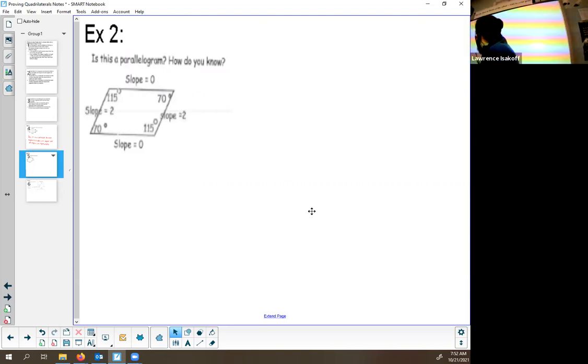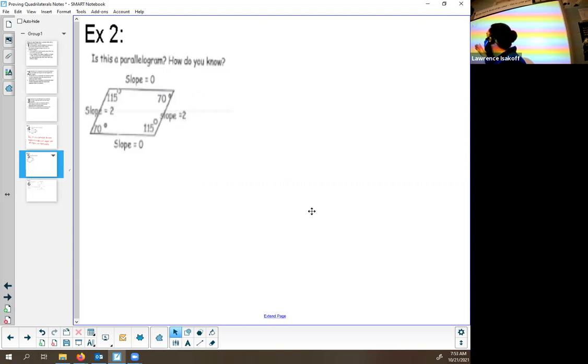That's great. What other piece of information do we have? Opposite angles are congruent as well. So since opposite angles are equal and opposite sides are parallel, we can then conclude that this is a parallelogram.